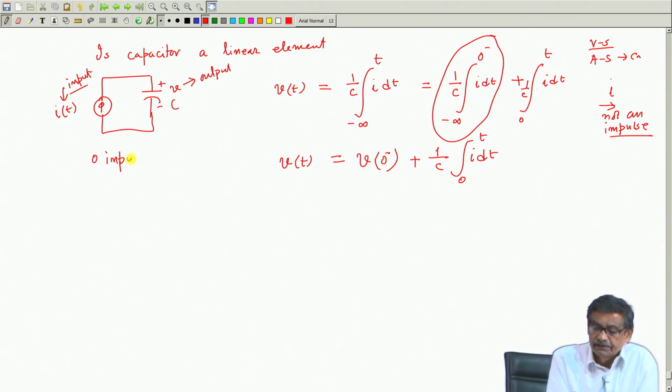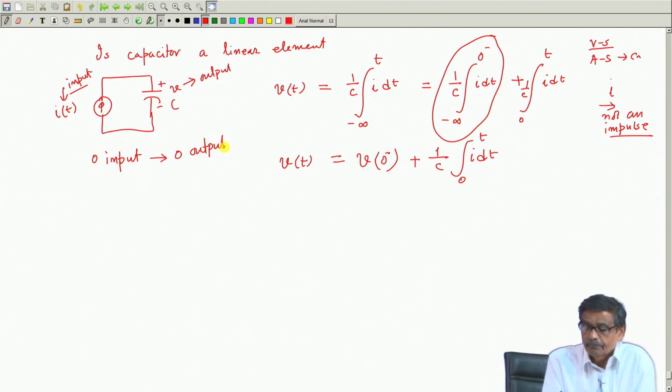This is the first thing, 0 input must cause 0 output, 0 ampere input must cause 0 output. This is the condition of homogeneity for the superposition theorem. If this is not true, then it is not going to behave like a linear element. That is what I am trying to tell.